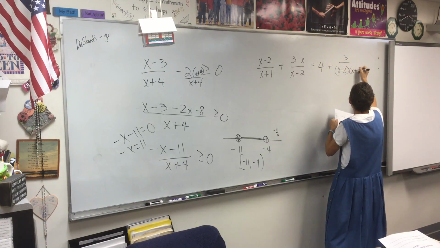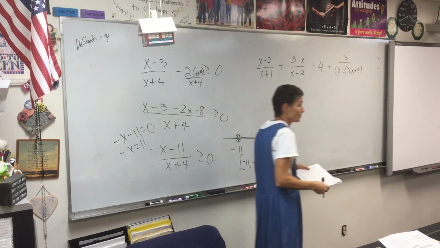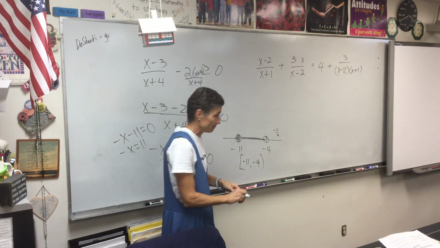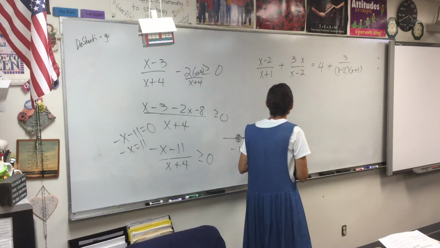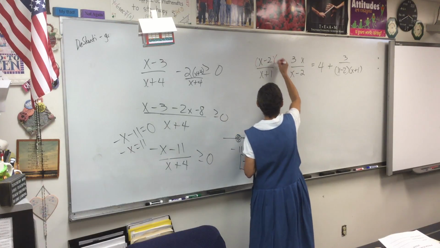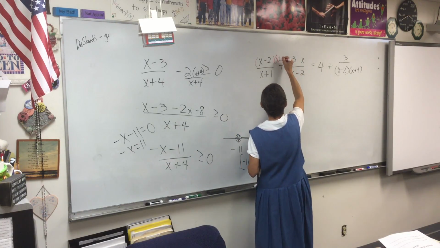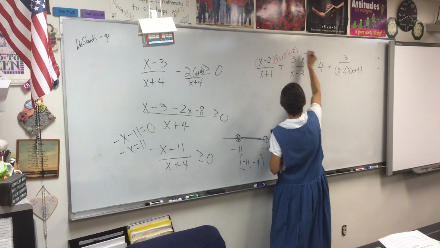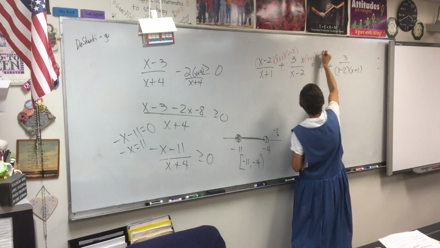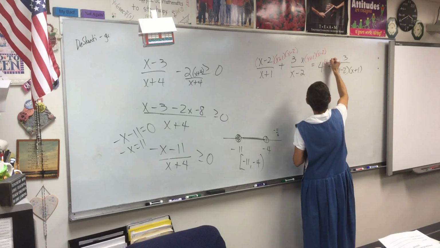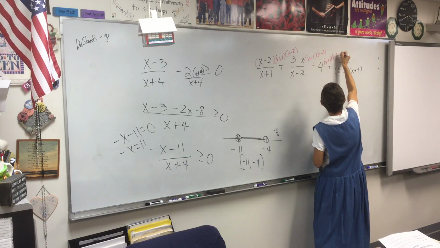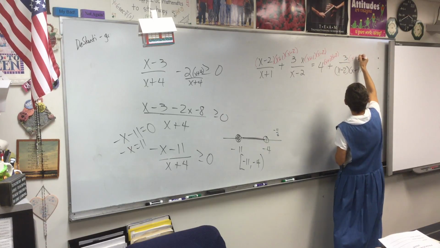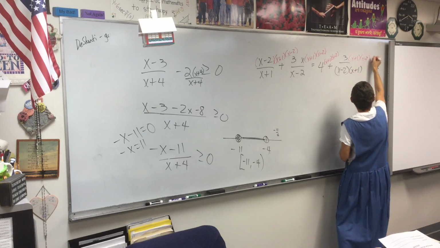If it's an equals, you cannot do this in an inequality. But if it's an equals, I'm going to multiply everything by the common denominator, which is x plus 1, x minus 2. And that's everything, including the 4. Everything that's multiplied by x plus 1, x minus 2.